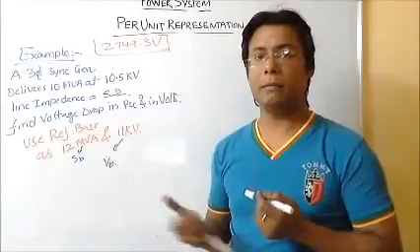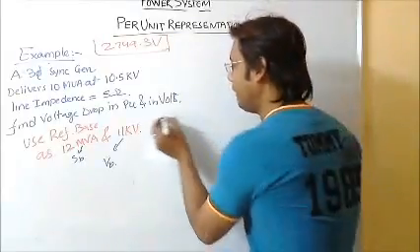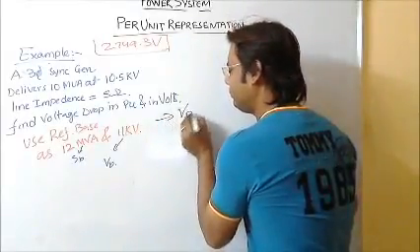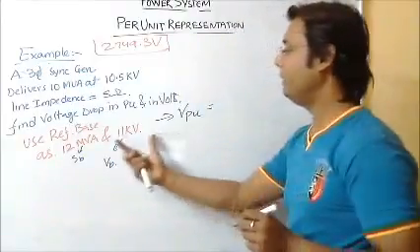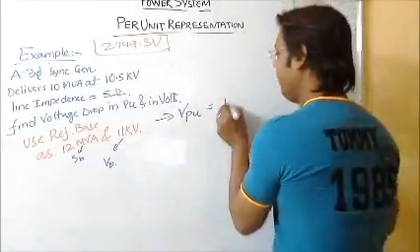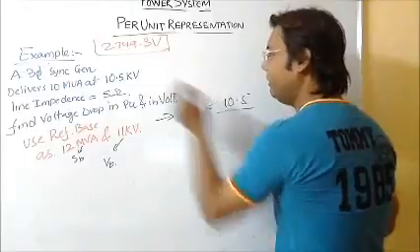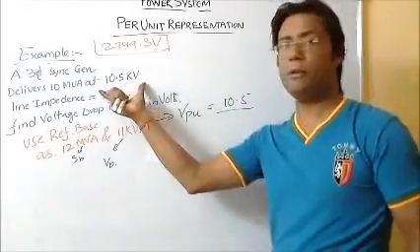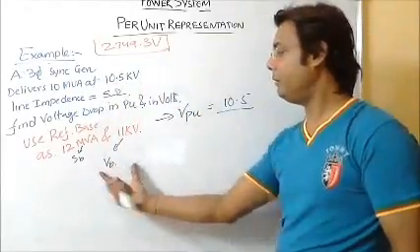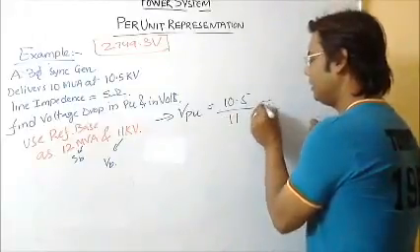The same way I will be doing it on the per unit also. So I can have V per unit right now. V per unit will be 10.5, the actual value of the voltage, divided by the base value VB of 11 kilovolt.